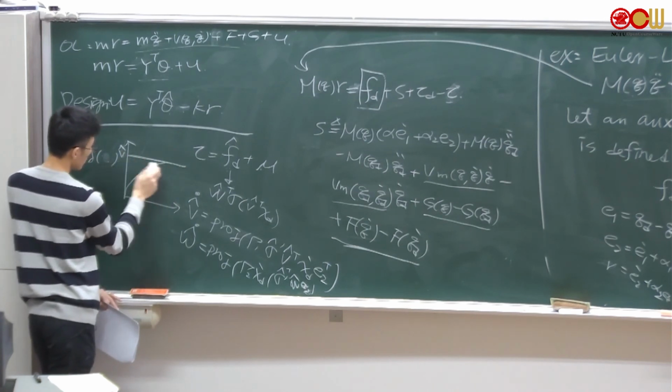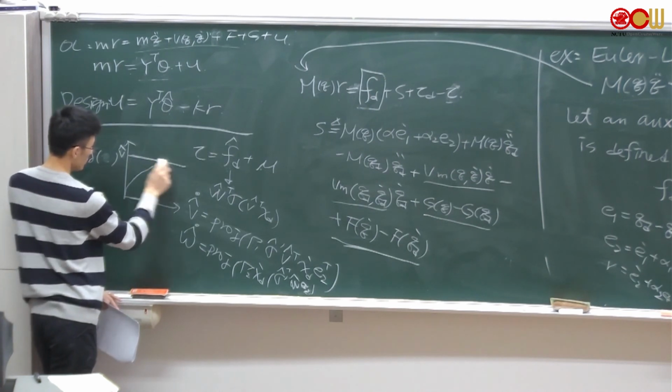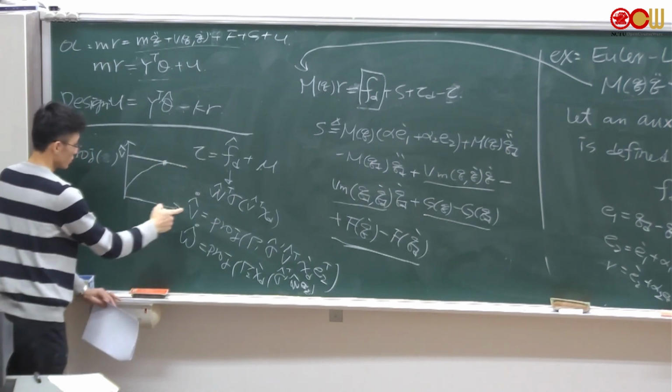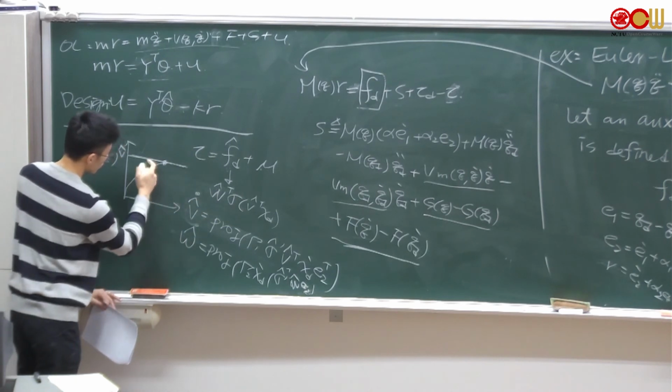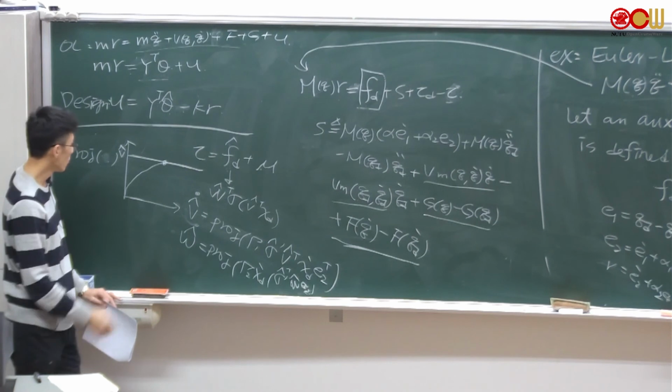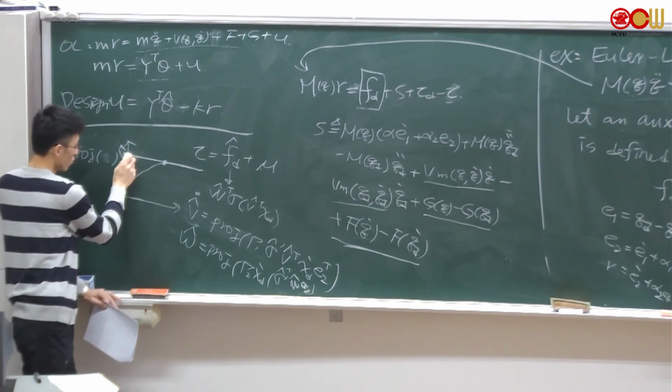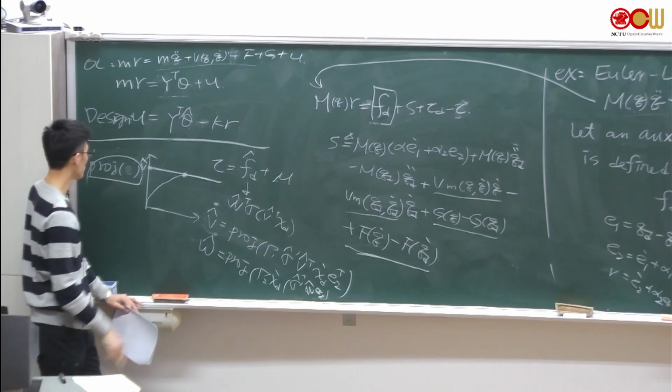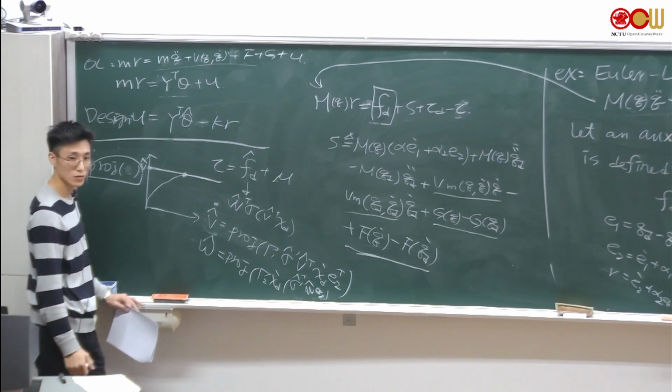If V hat goes beyond this threshold, you will constrain V hat dot to be 0, so it will remain constant, remain on the boundary. So V hat will never go beyond this value. This is the purpose for designing the projection function.